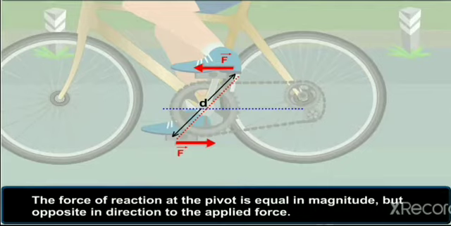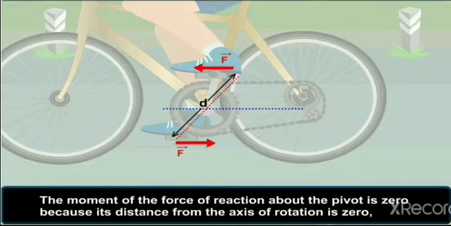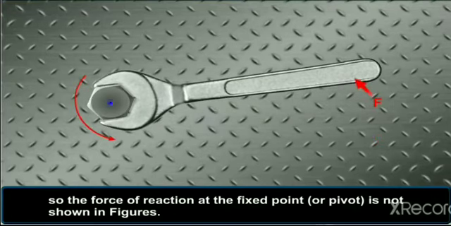The force of reaction at the pivot is equal in magnitude, but opposite in direction to the applied force. The moment of the force of reaction about the pivot is zero because its distance from the axis of rotation is zero. So the force of reaction at the fixed point or pivot is not shown in figures.